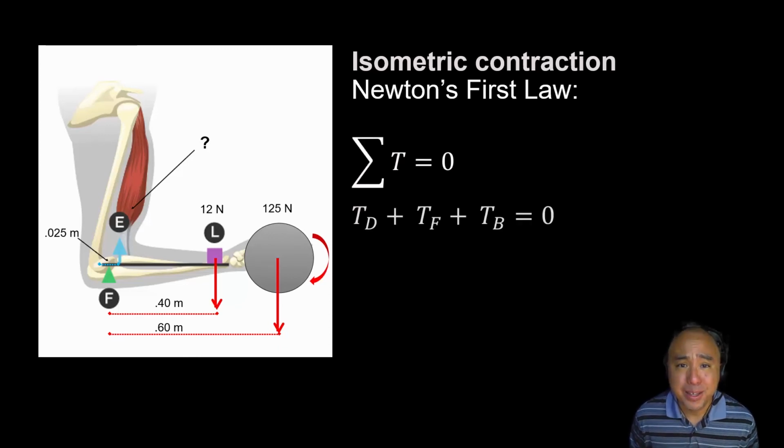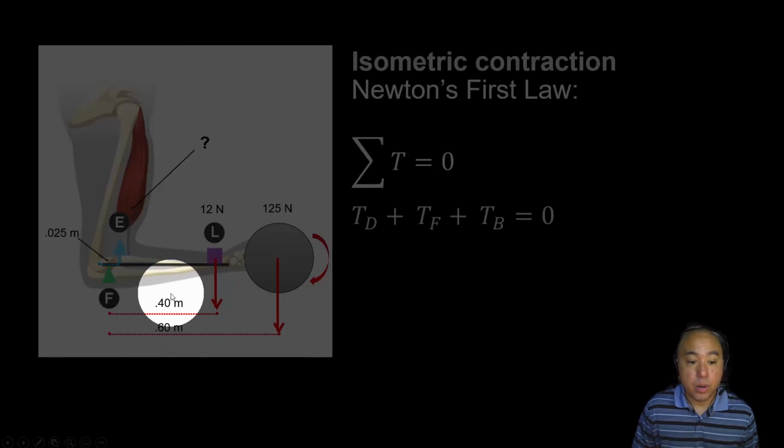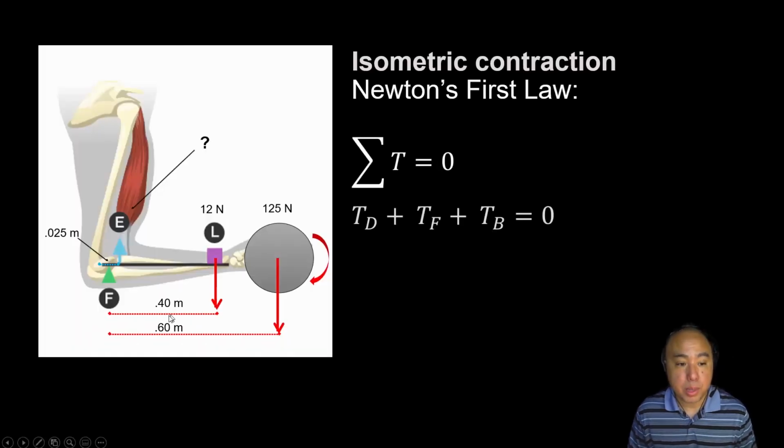Now I want you to try it. I've got the same exact scenario. The only difference is the weights are slightly changed as well as the moment arm. So we've got here the dumbbell, 125 newtons. The forearm is 12 newtons. The moment arms of the dumbbell and the forearm are 60 and 40 centimeters respectively.